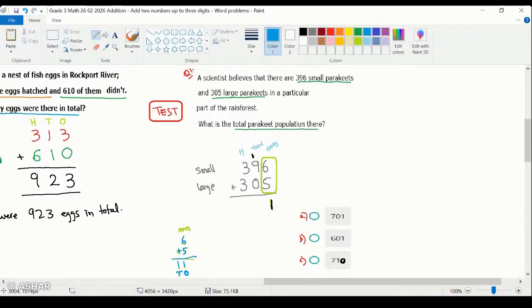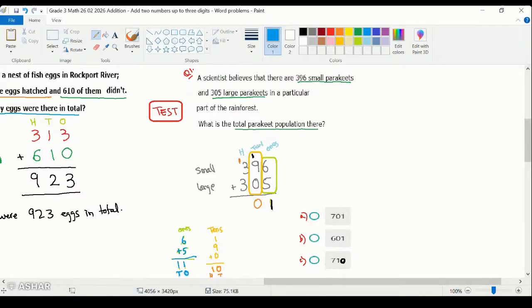Let's try again, May. We carry 1. How many tens do we have now? Okay, thank you. I'll confirm. Let's look at the tens. We have 1, 9, and 0. That means we have 10 tens. That means if we have 10 tens, then 0 tens and 1 hundred.